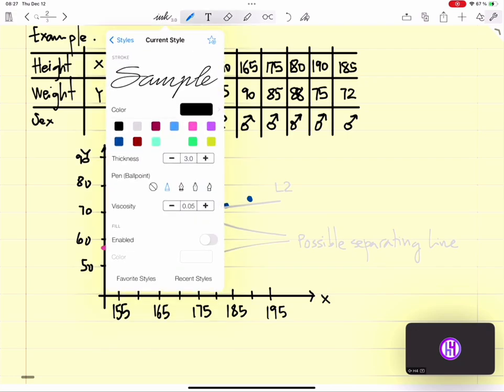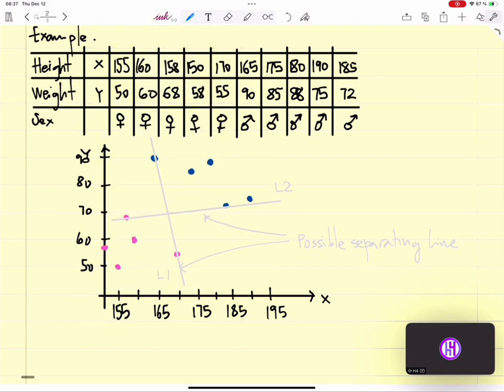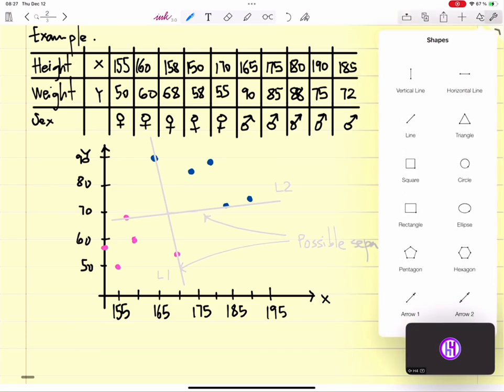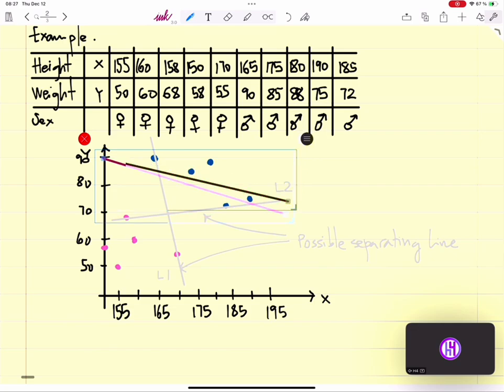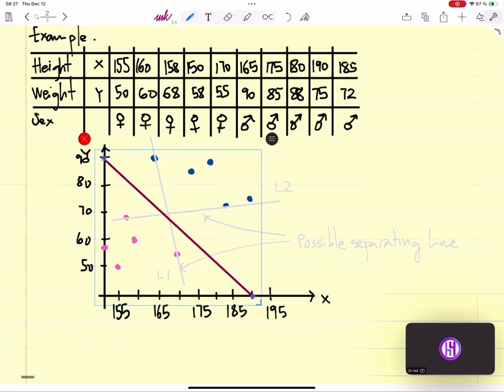So anyway, the issue is that if we want to have the maximum distance to the training points, then the best line goes like this, okay? So this is the line that we're looking for.